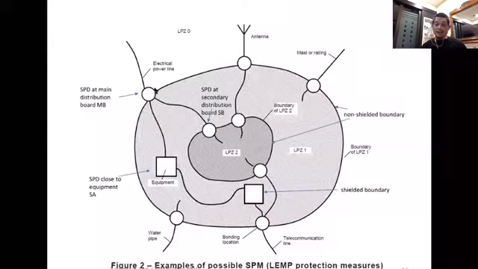And as you can see in the diagram shown here, you have many incoming lines to your, for example, house. In the house, you have your equipment, and the equipment can be connected to the outside electrical power line, for example, here.